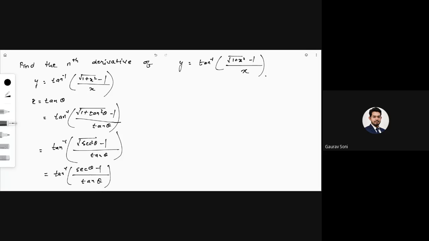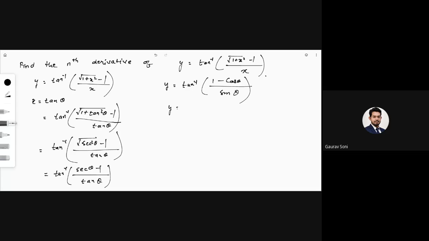Tan theta is sine upon cos, sec is 1 upon cos. So y, I will write it down as tan inverse of 1 minus cos theta divided by sine theta. So this is tan inverse tan theta by 2, yes, it is correct.